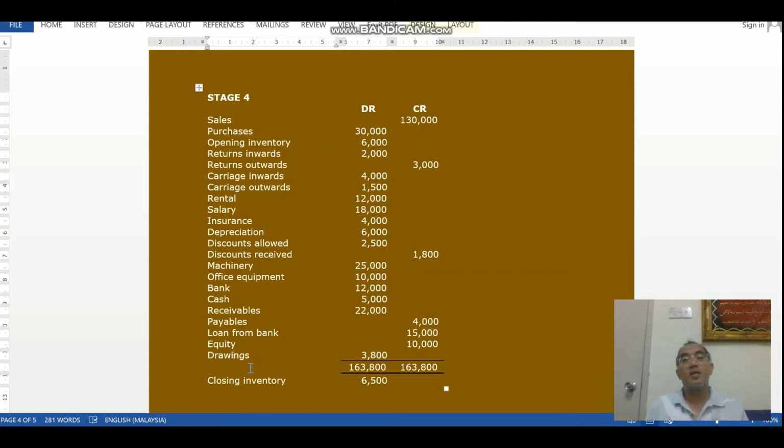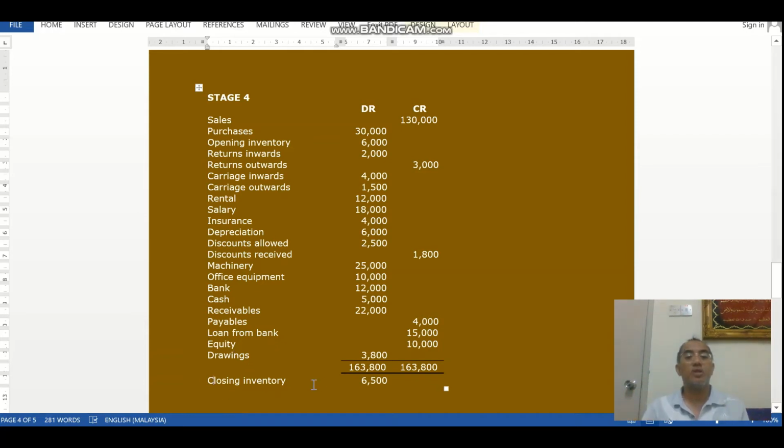So it reduces the capital. If you know how the accounting equation works, if you take something from the business, the business will reduce in terms of the cash as well as the capital, because A equals L plus E should be balanced.